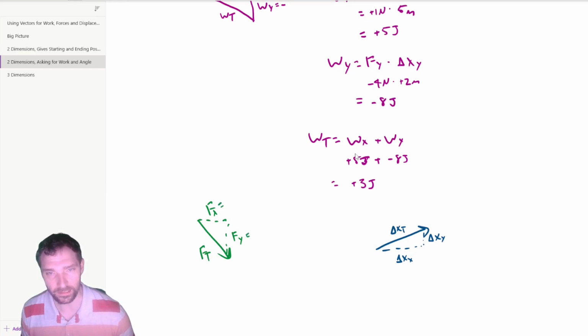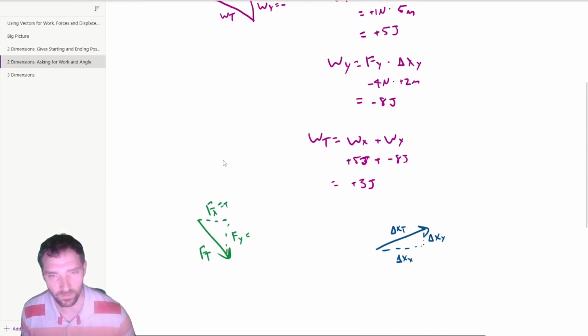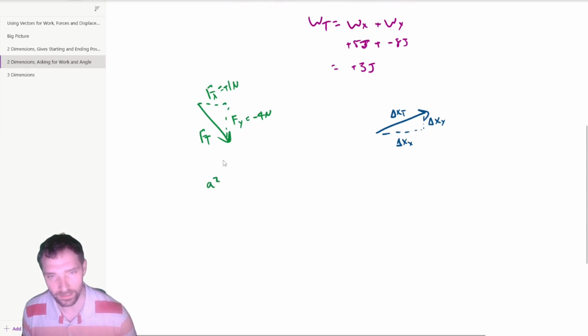So we've got the x, which the force in the x was plus 1 Newton, and the force in the y was negative 4 newtons. So if we do the a squared plus b squared equals c squared here, we can do 1 Newton getting squared plus a negative 4 newtons getting squared is equal to the c squared.